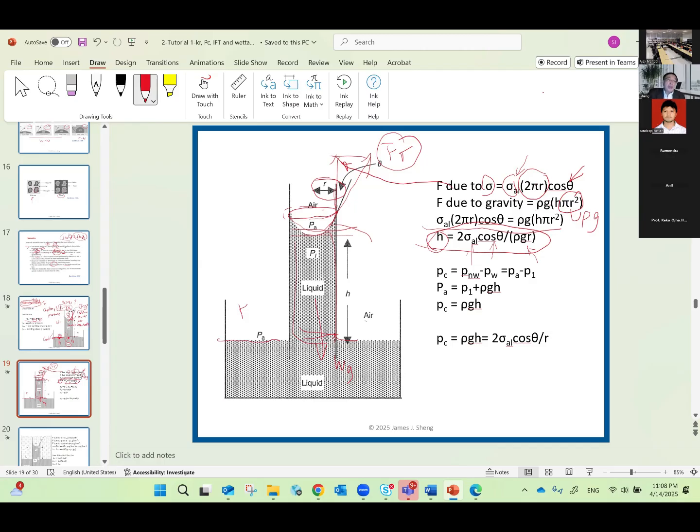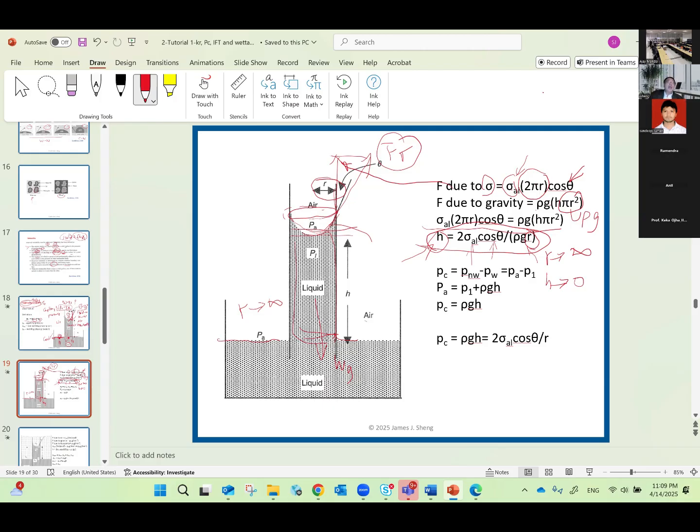We can imagine this flat surface is a curved surface, and when R is infinitely large, this curved face will become a flat face, right? So at a flat surface, R is infinitely large. Now let's look at the relationship between H and R. If R is very large, what about H? H goes to 0.